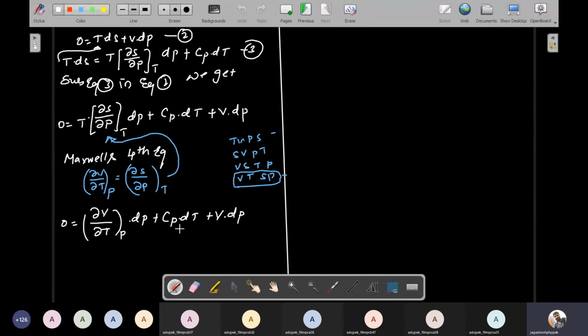So for that purpose, I want to prove this equation: Cp into dt is equal to, you place here only, the remaining two terms will go to the outside. And this is a minus now, so you will put minus here, because the fourth equation and first equation is minus.